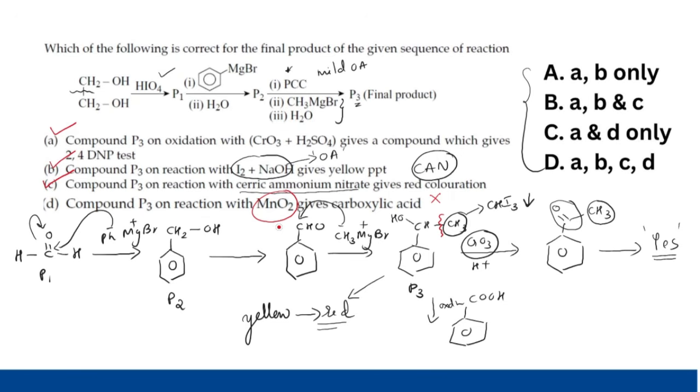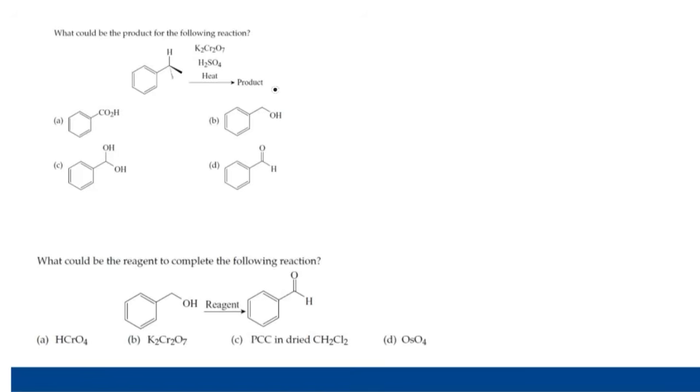Only allylic and benzylic alcohols will be converted to aldehyde or ketone, but not carboxylic acid. Therefore, this is a wrong statement. Check for an option with A, B, C statements as correct. You can see in option B, we have statements A, B and C. Therefore, this is the correct option.